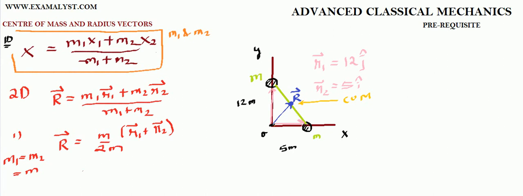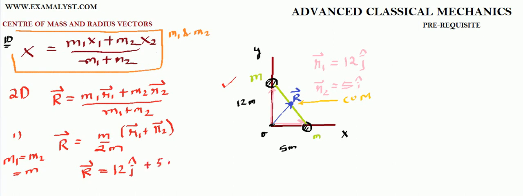So the answer for r, now see here you have got the r vector in terms of 12. What is r1? R1 is 12j, because we have taken this as ball 1, plus what is r2?